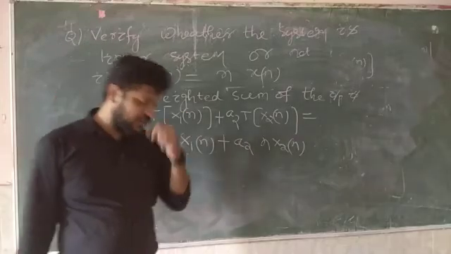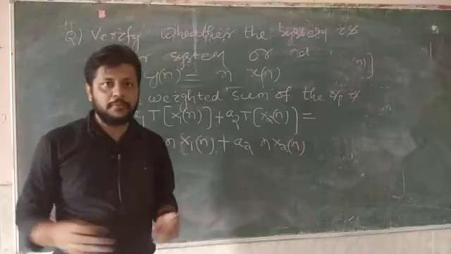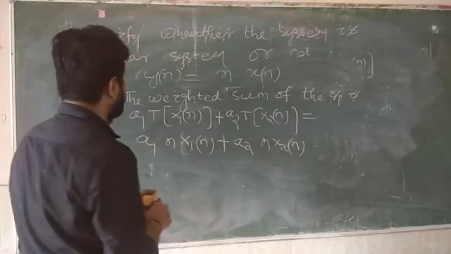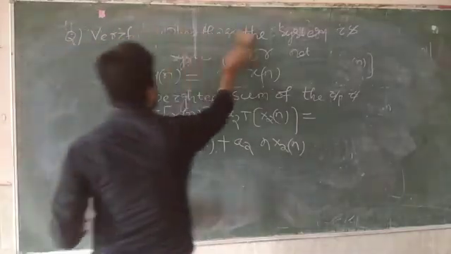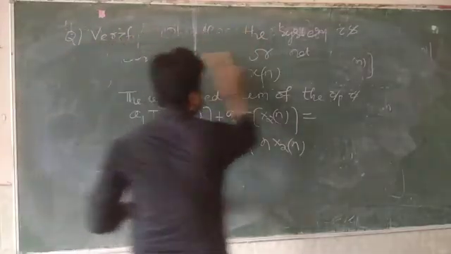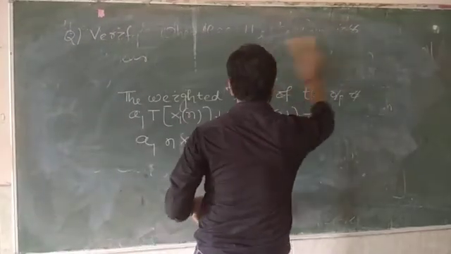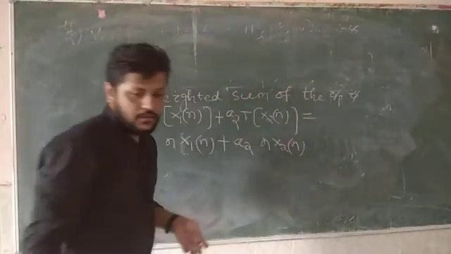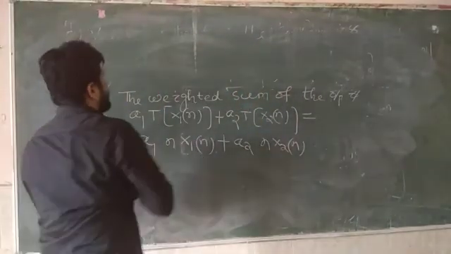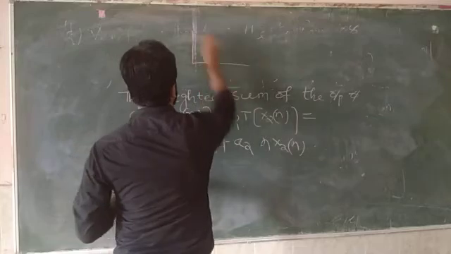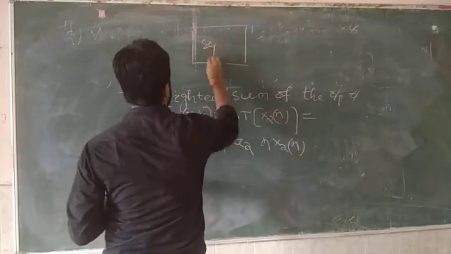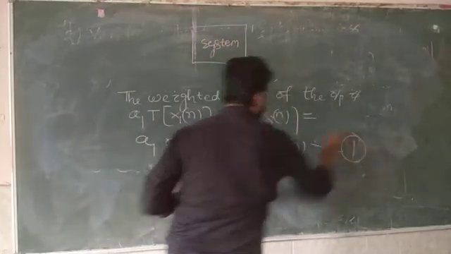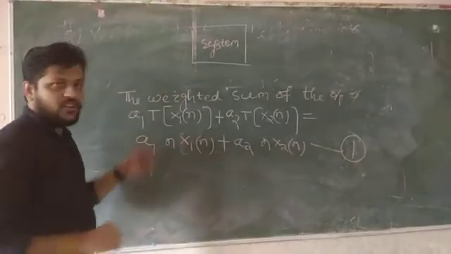Now I have to consider when I apply both the signals at a time. So when I apply both the signals simultaneously to the system, and suppose this is your equation 1, the weighted sum of the outputs.